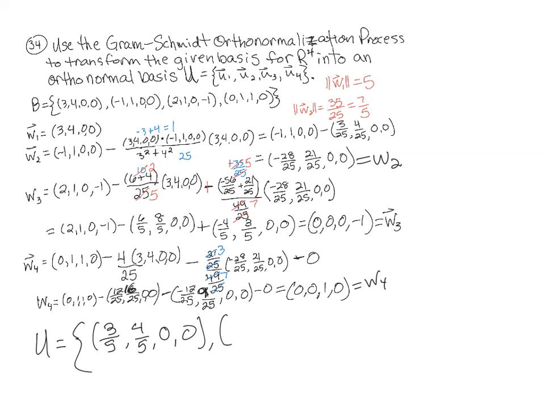Vector 2 is nasty, right? These numbers right here divided by 7/5. So if I divide by 7, I get -4 in the top, and I'm flipping this, right? So a 5 on the bottom. So -4/5.